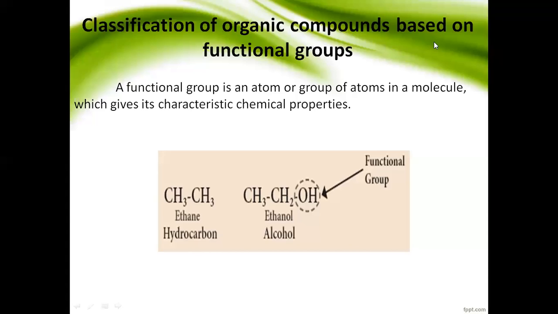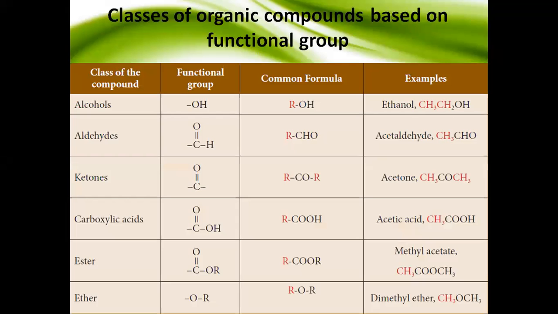A series of compounds containing the same functional group is called a class of organic compounds. Some of the classes of compounds are given in the tabular column. The functional groups are OH, CHO, COOH, COOR and OR.